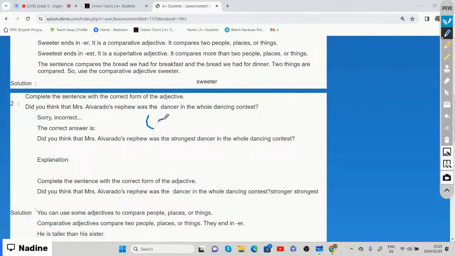So was he the stronger or was he the strongest? So was he the stronger or strongest dancer in the whole dancing contest? So did you think that Mrs. Alvarado's nephew was the strongest or the stronger dancer in the whole dancing competition?